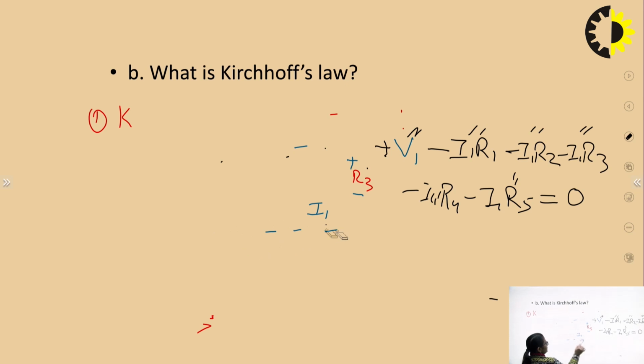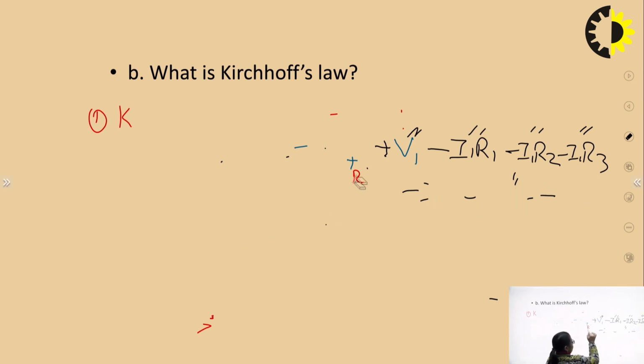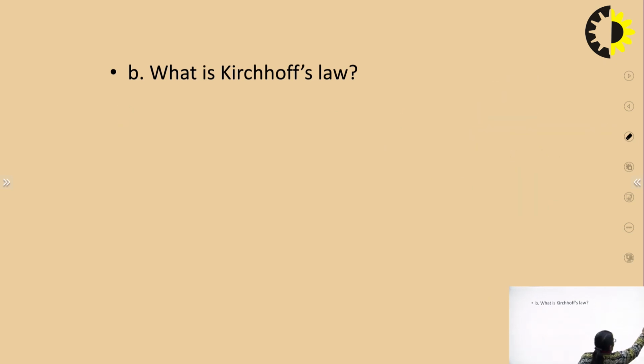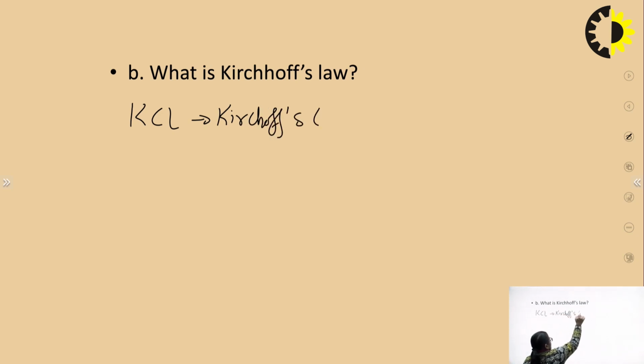So Kirchhoff's current law would be applied not in a closed mesh, but at a particular junction or at a node, right? So the KCL, Kirchhoff's current law, will be applied to a junction.